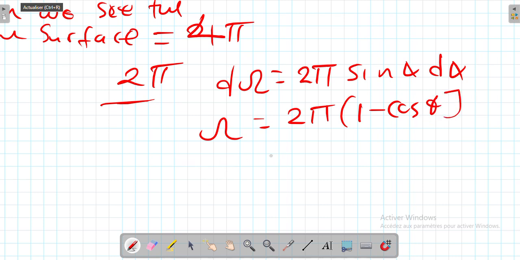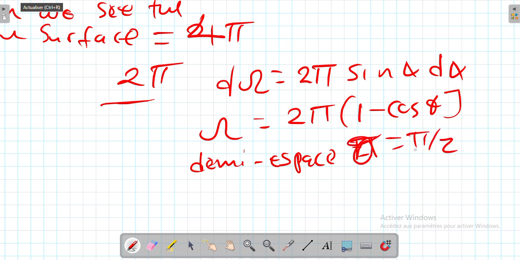Then you can go to specifics. For the half-space, you pose theta equals pi over 2. For the whole space, you pose theta equals pi. As simple as that.